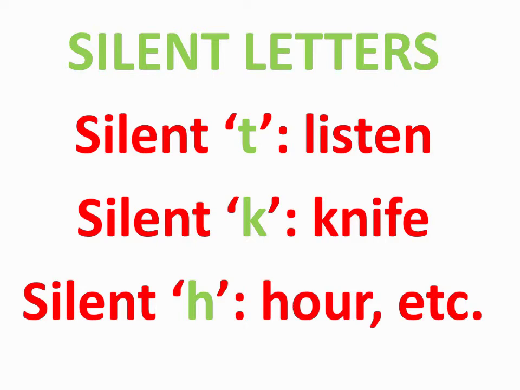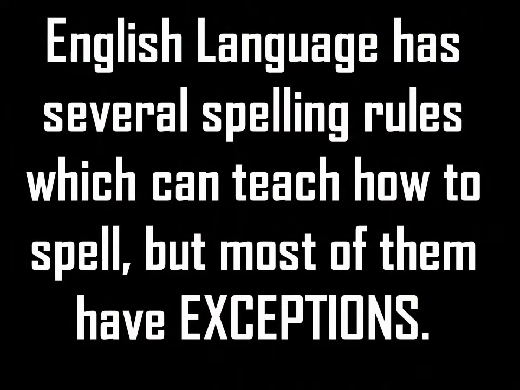In other cases, it's also very difficult to know how to spell words that contain silent letters, such as the silent T as in listen, the silent K as in knife, or the silent H as in hour. All of these are very difficult.